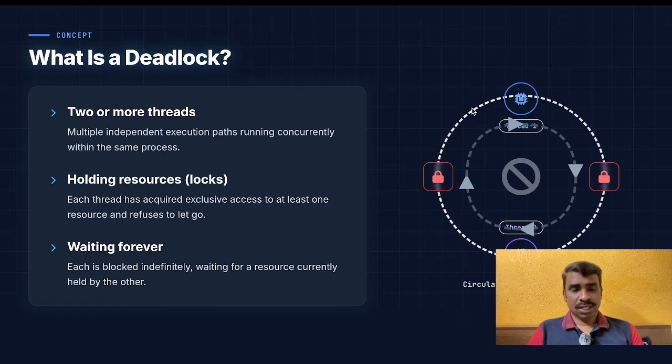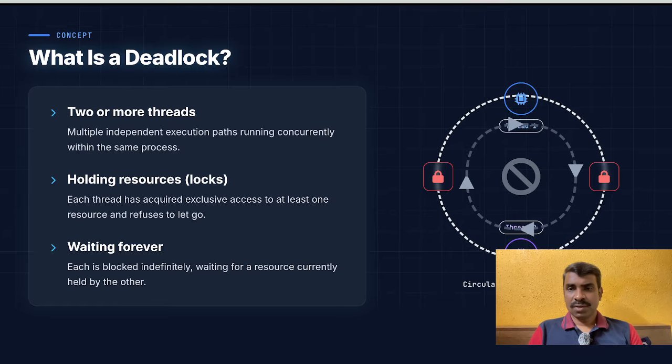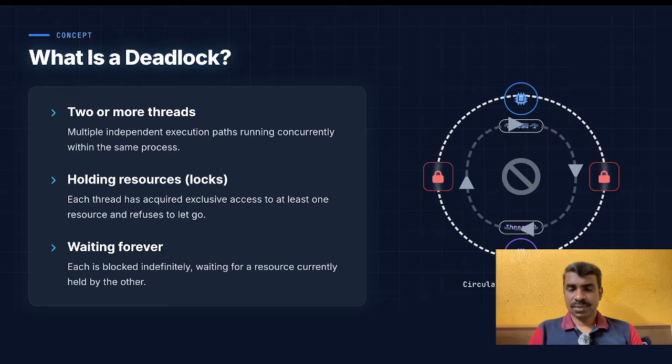Each thread has acquired exclusive access to at least one resource and refuses to let go. Waiting forever. Each is blocked indefinitely, waiting for a resource currently held by the other. Here you can see this is thread 1, this is thread 2. This is waiting for this, and this is waiting for this. So it is a kind of circular dependency cycle. So it will never end. That's why we call it deadlock.